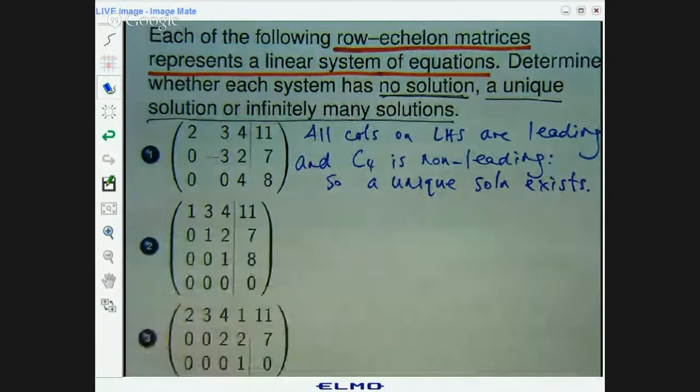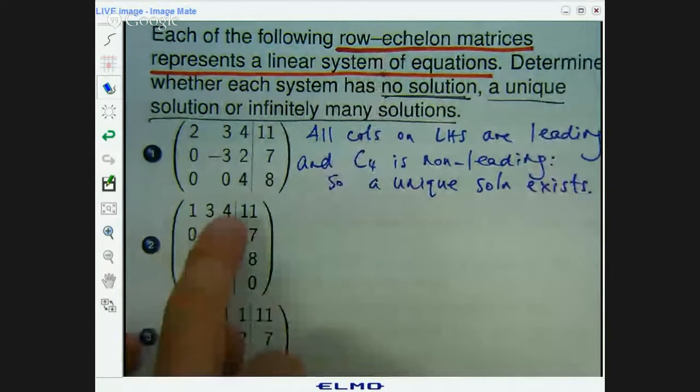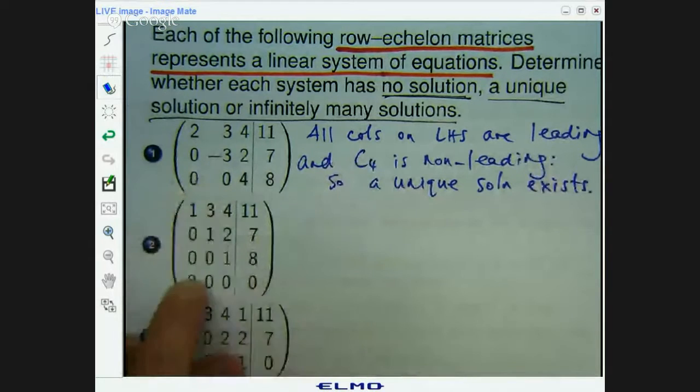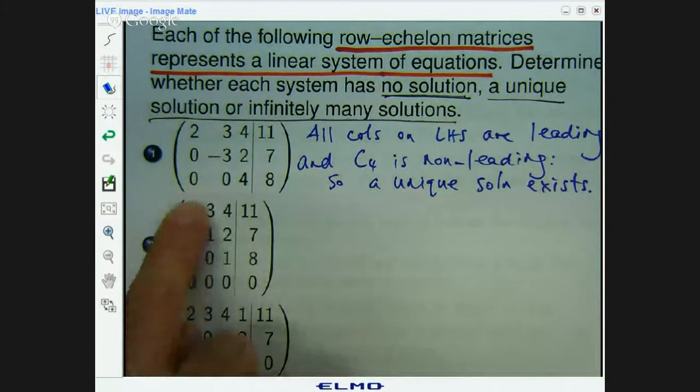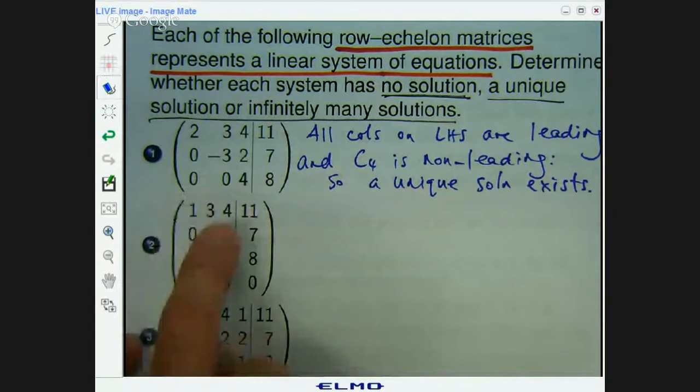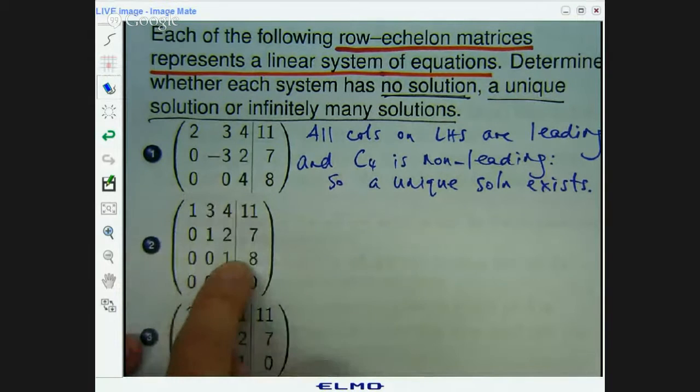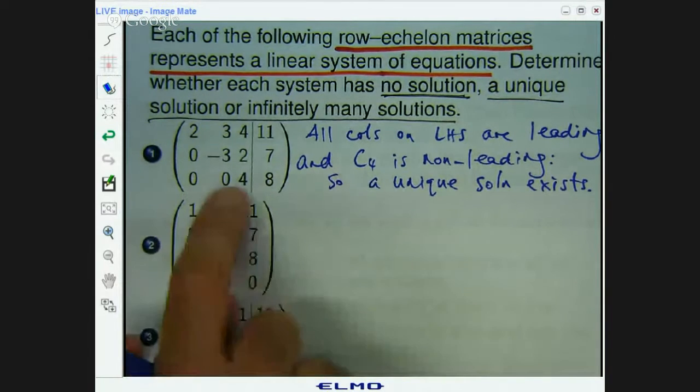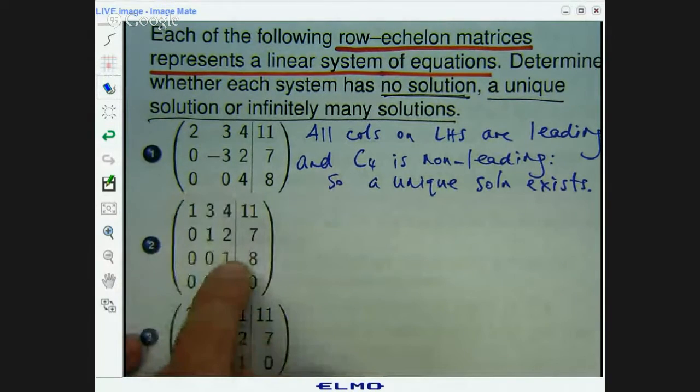All the zeros at the bottom, no problem. It's in row echelon form. Let's look at the columns, okay? The first column contains the first entry of row 1. Okay, no problem. So column 1's leading. Column 2 contains the first entry of row 2. Column 3 contains the first entry of row 3. So each of our columns are leading.